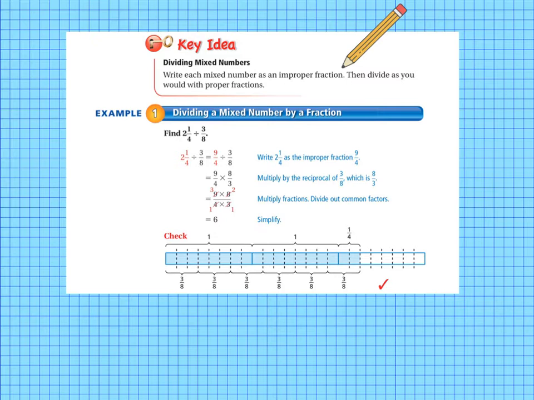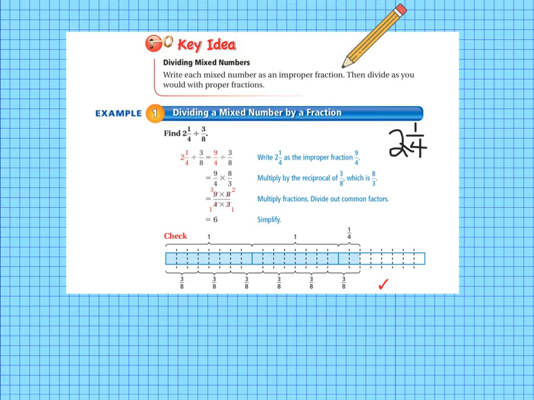Example 1 says we're dividing a mixed number by a fraction. So we're dividing 2 1/4 divided by 3/8. So we write 2 1/4 as the improper fraction 9/4. If you remember from 5th grade, we take the denominator and multiply it by the whole number.